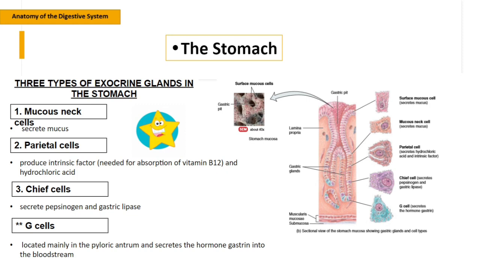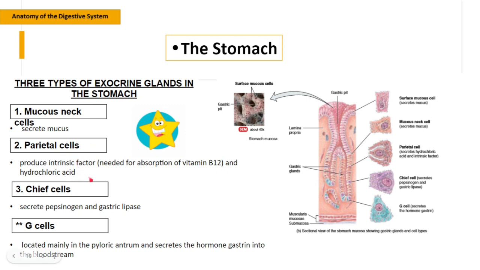However, during one board exam, it was asked what type of cells produce the intrinsic factor. And the answer to that again, parietal cells. And aside from the intrinsic factor, please do take note that the parietal cell also produces hydrochloric acid.